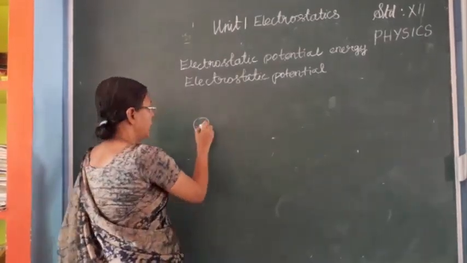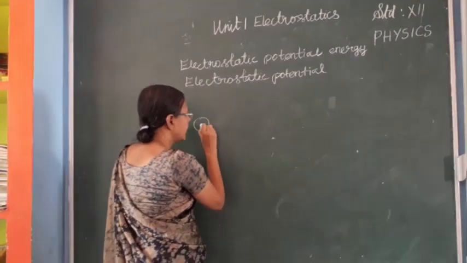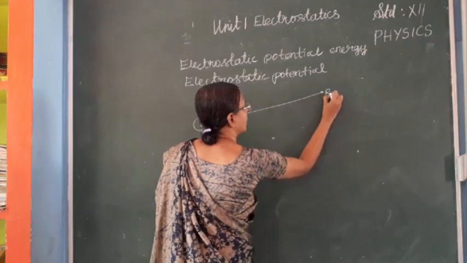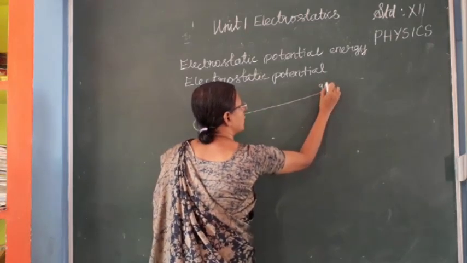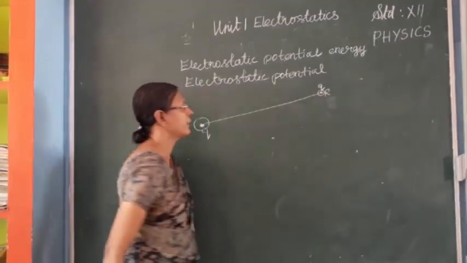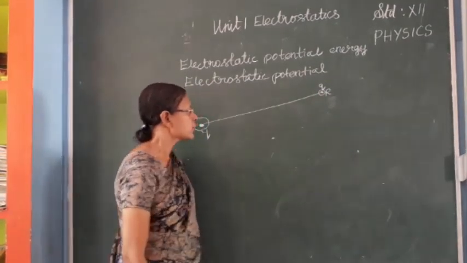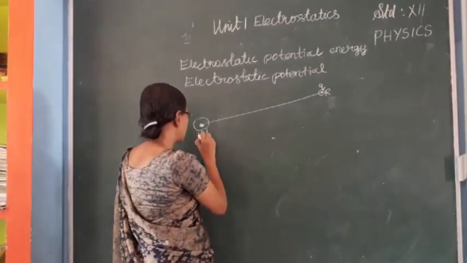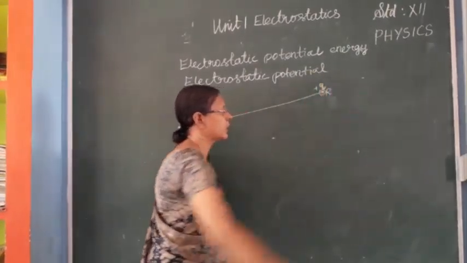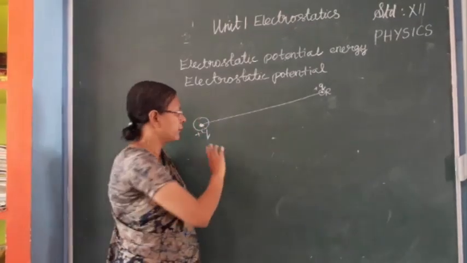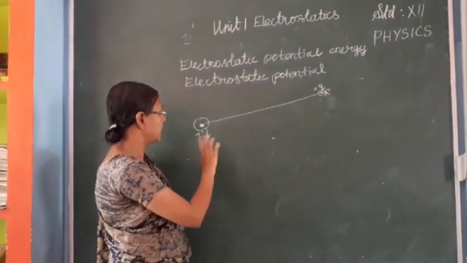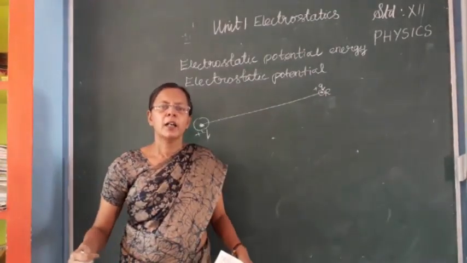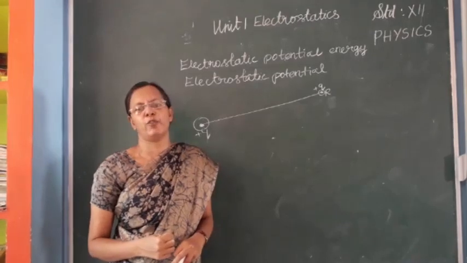Then we take another point R, and fix another positive charge there. Both charges are positive, the same polarity, so they have a repulsive force.